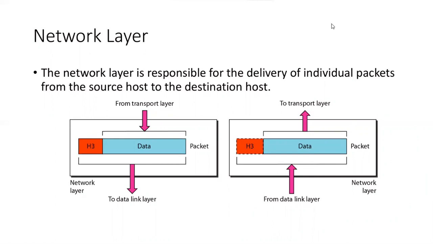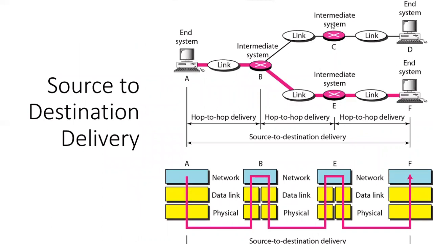At the other end, the header will be removed from the data received from the data link layer and moved forward to the transport layer. So the network layer is responsible for source to destination delivery. Here, this is my source and this is my destination.